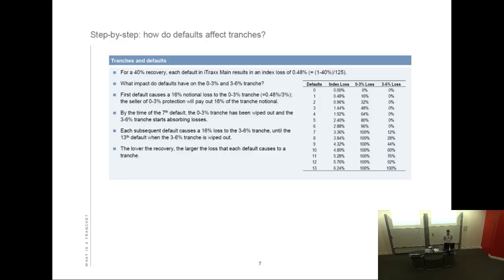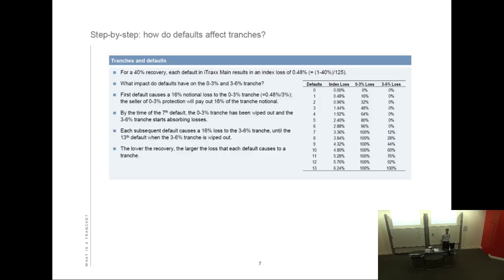take first losses. Okay? And if you say 7 times 0.48%, that gives you a portfolio loss of 3.36%. Now 3.36% is 0.36% of loss on the junior mezzanine.